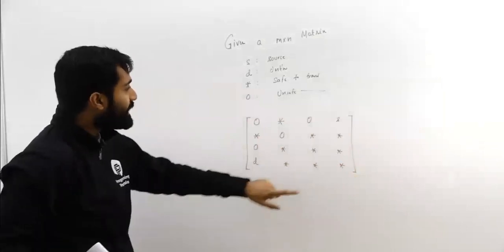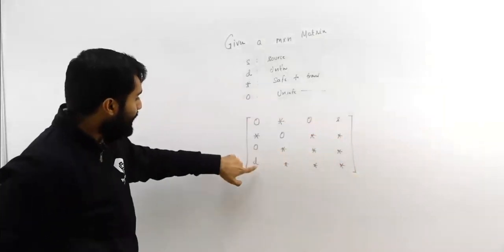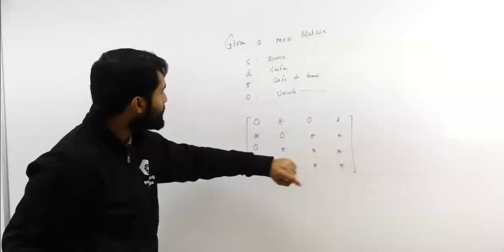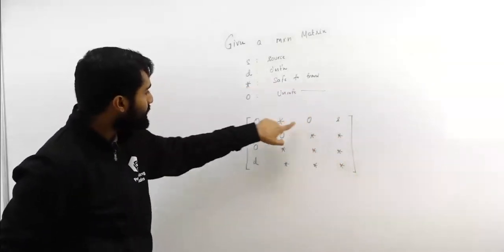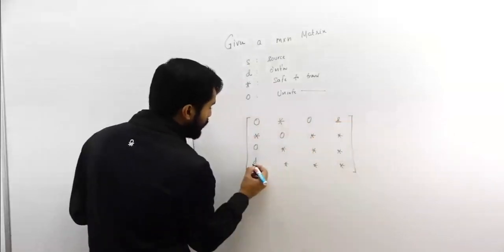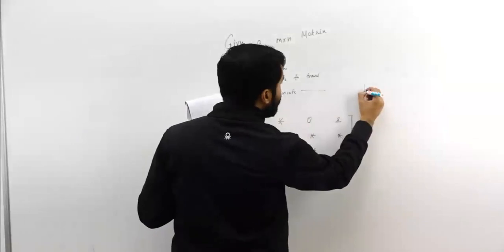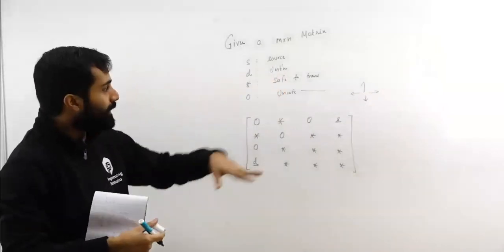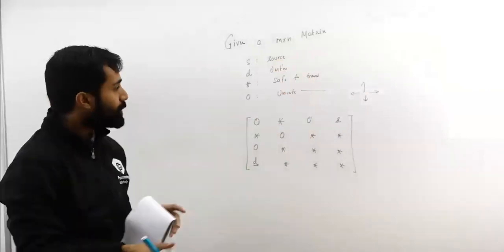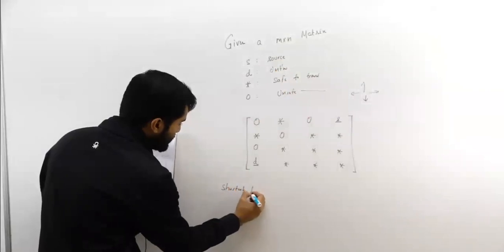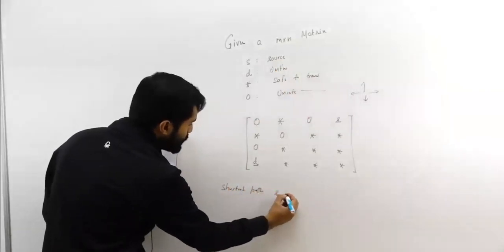It is guaranteed that there'll only be one source and one destination. These cells, which are all stars, are safe, and these cells are unsafe. Now you are initially standing over here and you want to reach here, and you only have 4 possible moves. You can either move one unit up, left, right, or down. So you have to find me the shortest path that takes you from your source to destination.